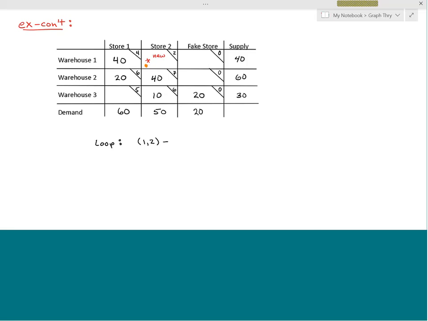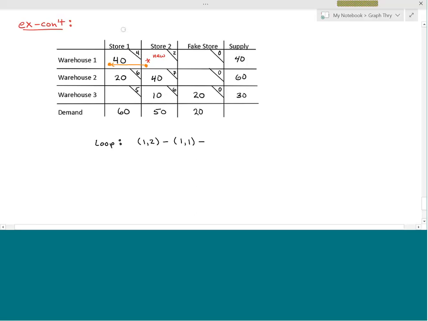The only other cell on the first row that currently has a number in it is the 40, which is cell 1, 1. It doesn't matter if you're going clockwise or counterclockwise around this loop. Since we picked up cell 1, 1 next, I'll write it next.